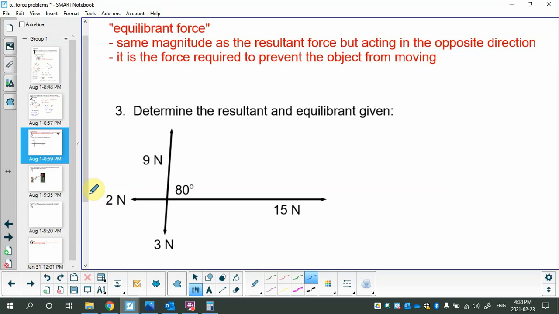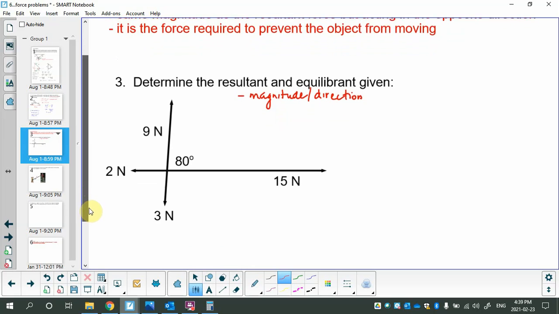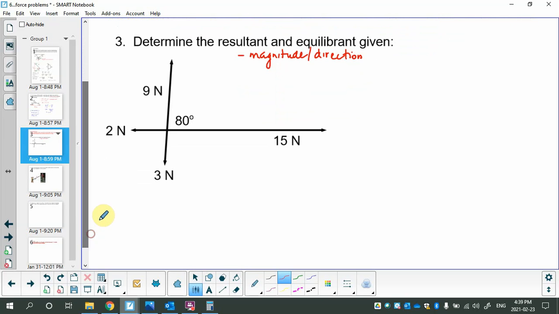So this particular question says determine the resultant and equilibrant force given this. Now it doesn't say magnitude and it doesn't say direction, so it's both. So unfortunately, we have to do magnitude and direction because these are both vector quantities. All right, so this picture might look a little complicated because it's got 4 forces.